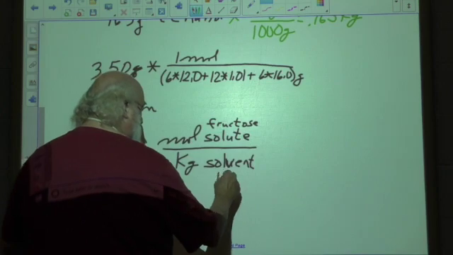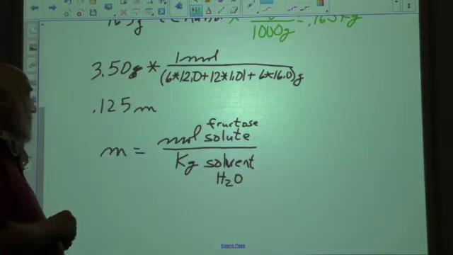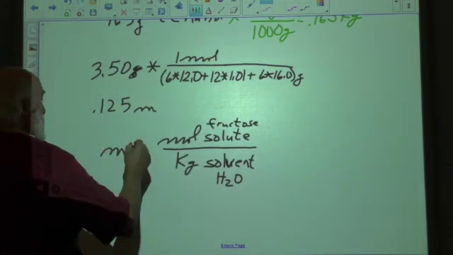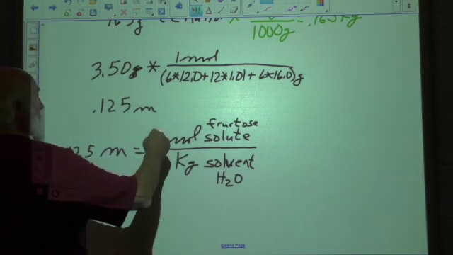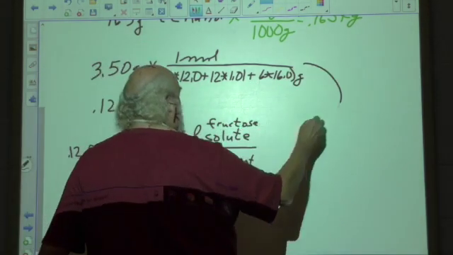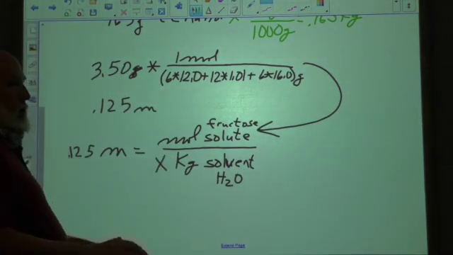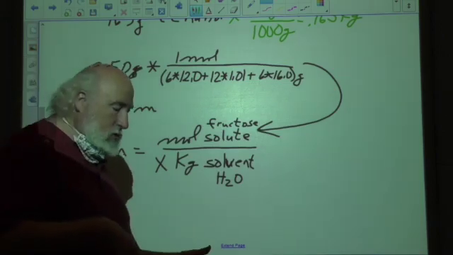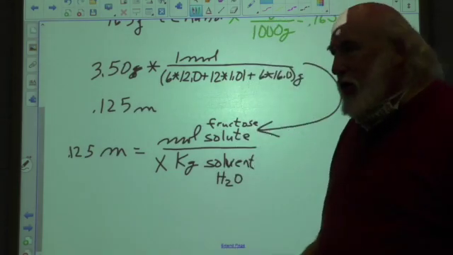The solvent here is water. So this is obviously what we're going to be really focusing on here. This is going to give us 0.125 here, and whatever this is is going to go right there. That means our unknown is going to be in the denominator. Woo! We've got an issue here. In the last video I explained how having a variable in the denominator is a real issue.